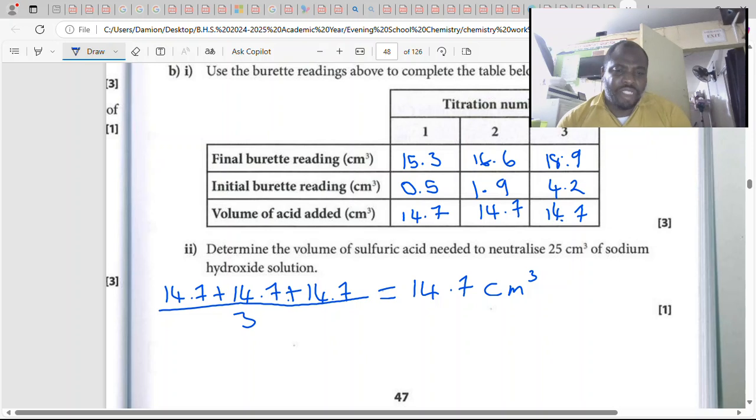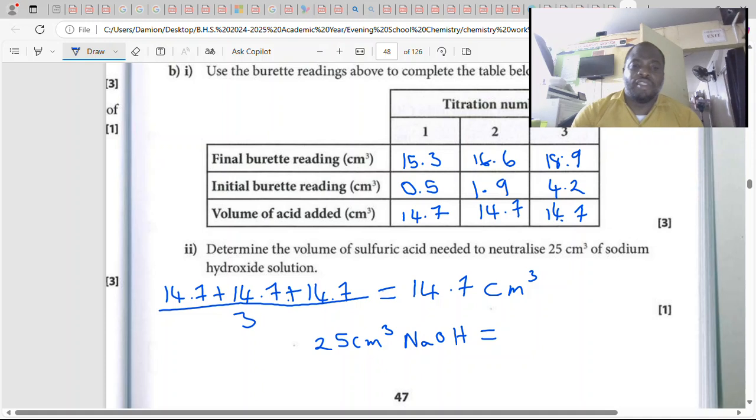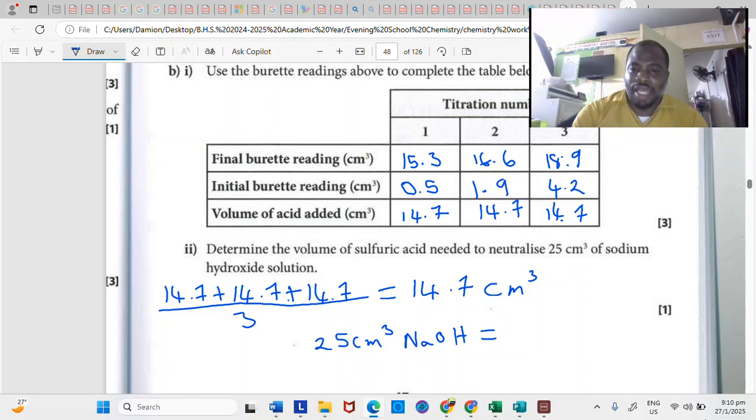In terms of reaching the neutralization point, remember we had 25 centimeter cube of the sodium hydroxide. And so to neutralize this, we needed 14.7 centimeter cube of the sulfuric acid.